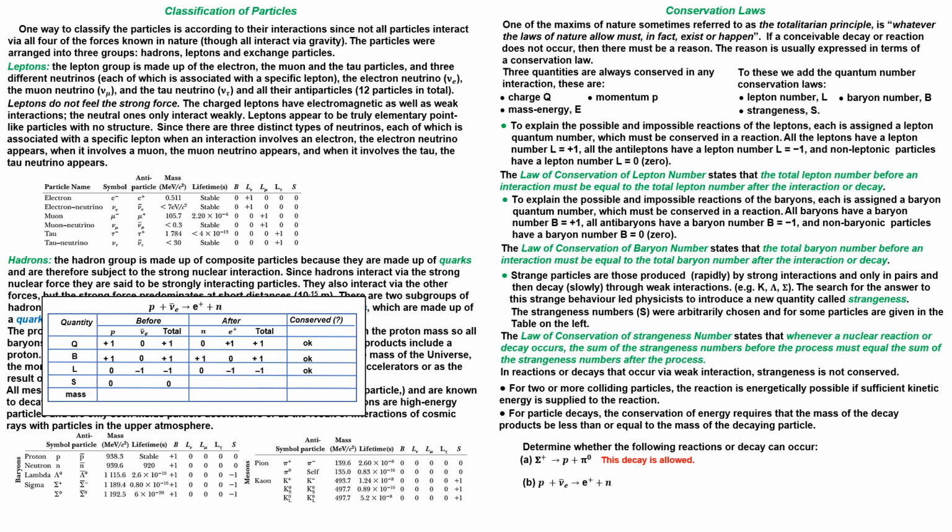There are no strange particles in this reaction, so there is no problem with the conservation of the strangeness number. This reaction occurs if the neutrino energy is at least 1.8 mega electron volts. The reaction is allowed.